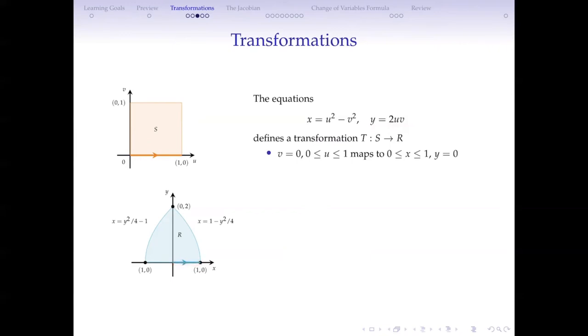I'm moving from where to where? If v equals 0, then for the x coordinate, I get that x is u squared. So as I traverse from u equals 0 to u equals 1, indeed, I just move from here to here. Okay, so that's pretty easy.